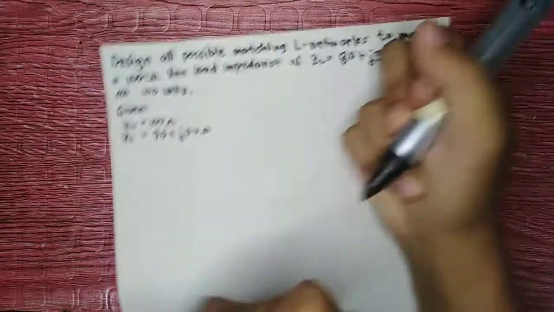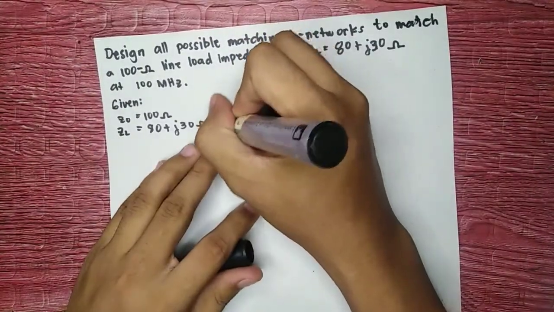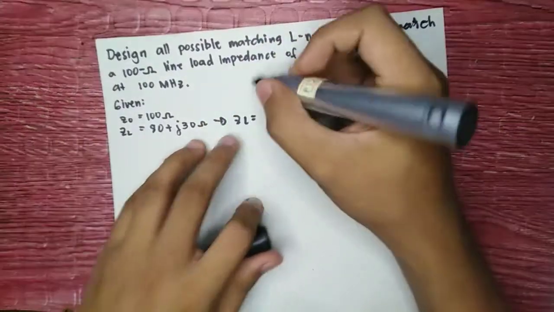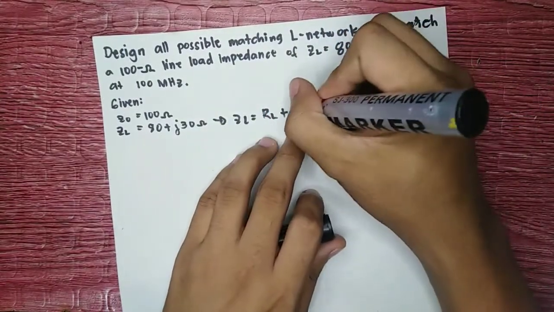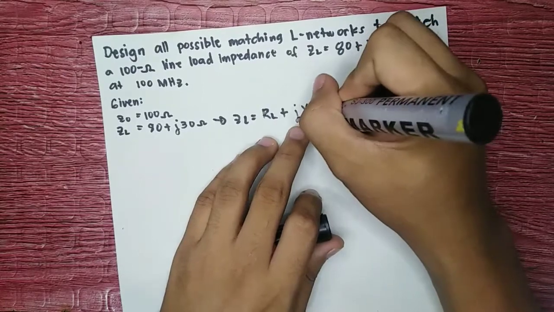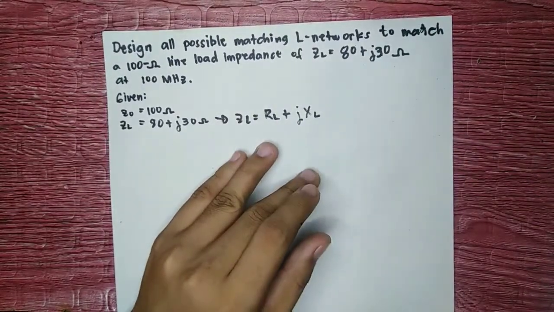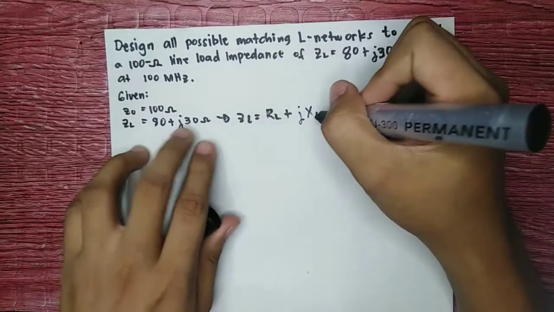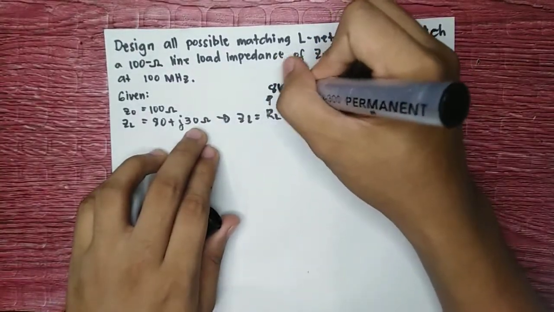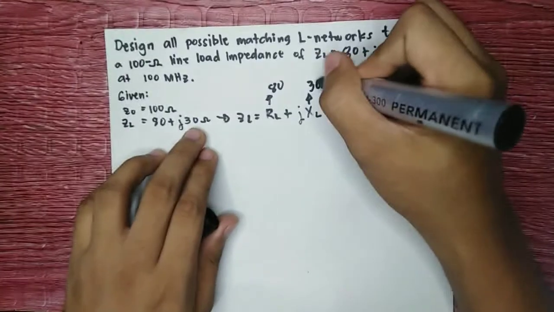Recall that ZL equals RL plus jXL. So the value of RL is 80 and the value of XL is 30.